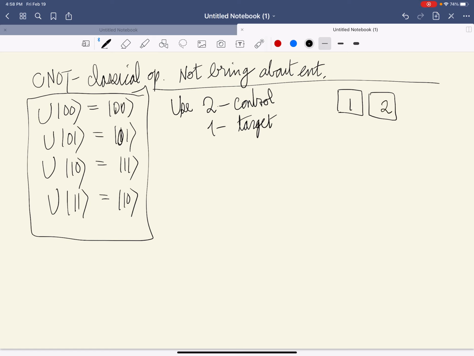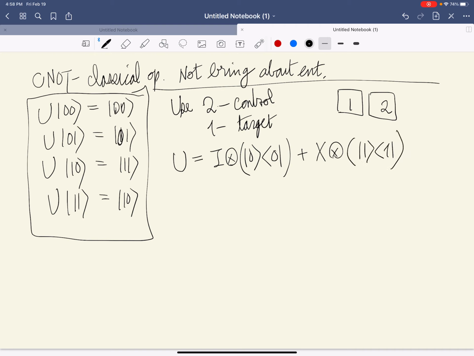And when you switch the role of the control and the target, then the corresponding operation will be written in a slightly different way. So if the second qubit is in the 0 state, then you do nothing on the first qubit. And if the second qubit is in the state 1, then you apply negation to the first qubit.